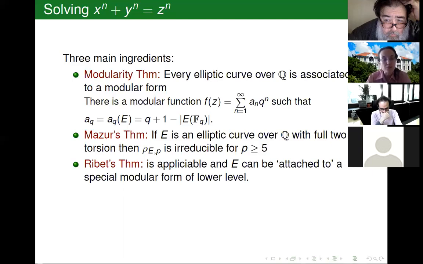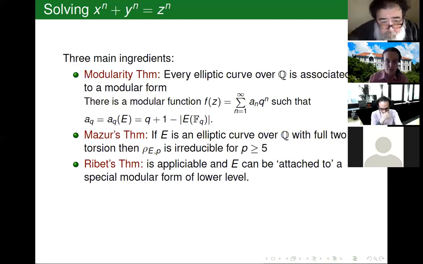And the final tool that's used in the proof is an even more technical result than the previous two, but it says that under some special conditions, you can attach this elliptic curve that you have over rationals not just to the modular form that is described by the modularity theorem, but to a more special modular form with a simpler structure in some sense.